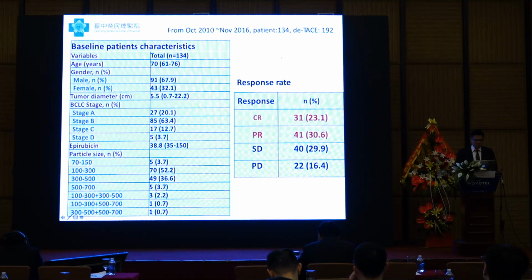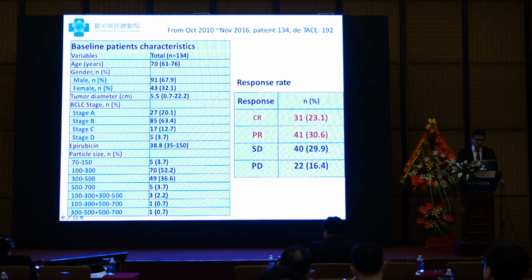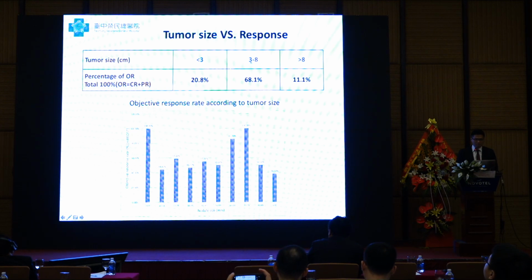This is another medical center in the middle of Taiwan. Similarly, the response rate is nearly 70%. The best response of the patients is located at 3 to 8 centimeters, which is very comparable to other studies and also Dr. Chong's statement.